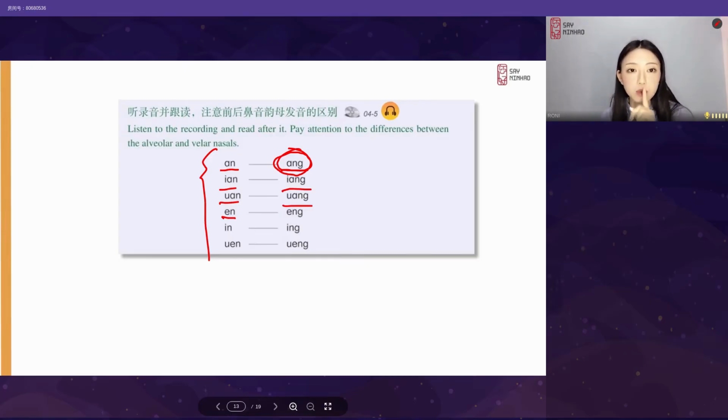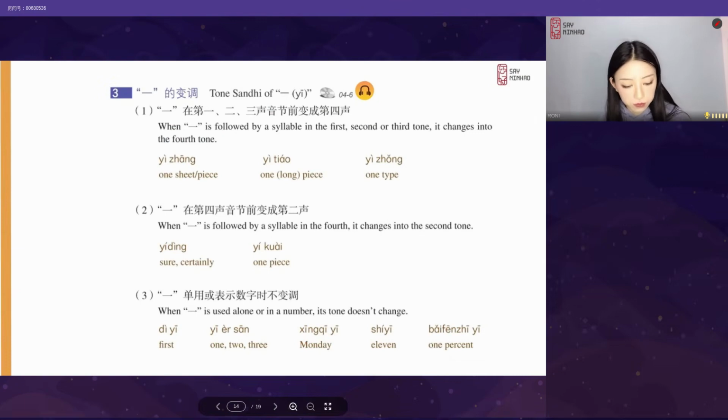You can see my tongue is rising up to touch the upper gum. Next. This time my tongue is not rising up to touch it, right? Next, in. Next, in. Next. Last one, wong. Very good. So this is the alveolar and velar nasal.